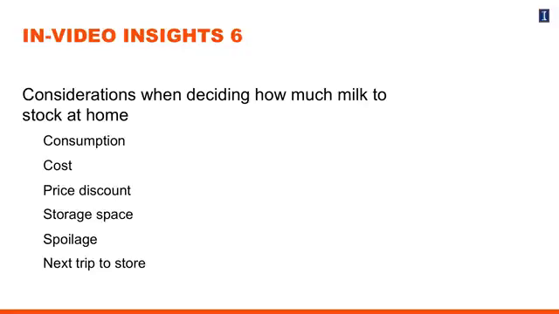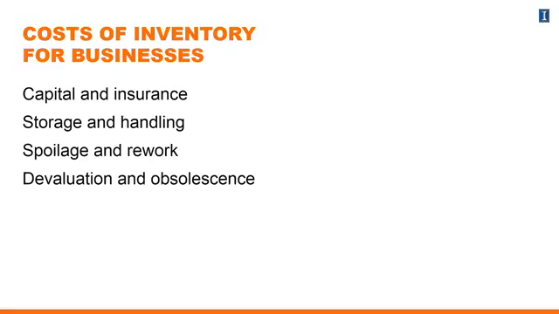Companies and organizations go through very similar decision making when they are deciding how much to purchase. The kinds of things they're thinking about are how much capital investment there's going to be, how much storage space is going to be required, whether it's an item that's going to need handling, stored in different places and moved around, and whether refrigeration is needed, and if there's some kind of cost involved with that. They're also thinking about spoilage. Is there going to be something that expires over time?